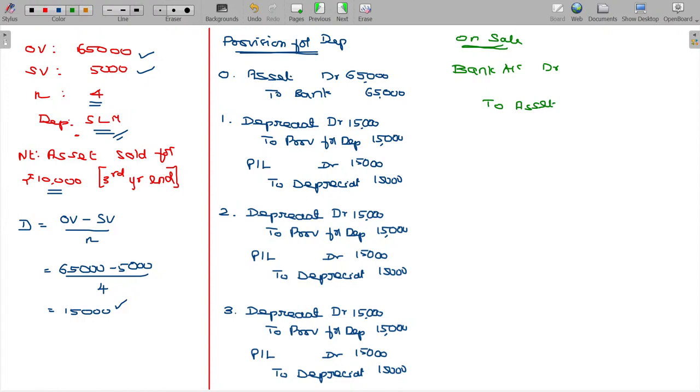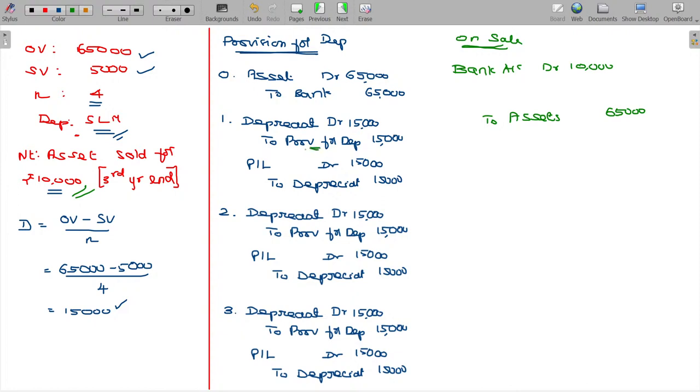By the end of the 3rd year, I sold this. The value realized being only 10,000. But the asset value being 65,000, I have not reduced even a single penny due to the depreciation, am I right? To asset account 65,000.